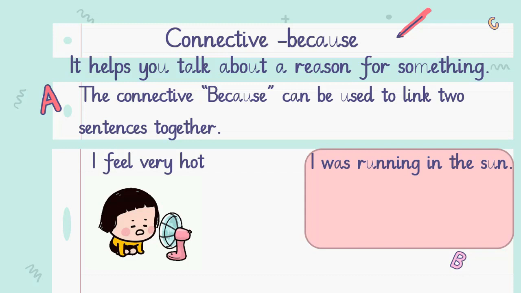If we focus on the second sentence, it is a reason. Why was I feeling very hot? So, we will connect them as I felt very hot because I was running in the sun. The connective because is used to show a reason.